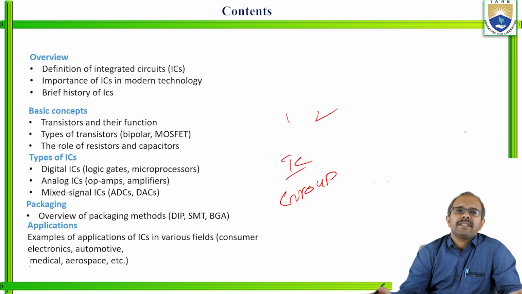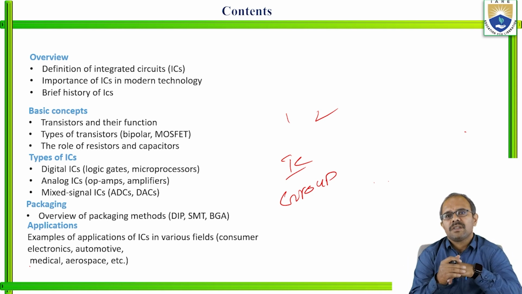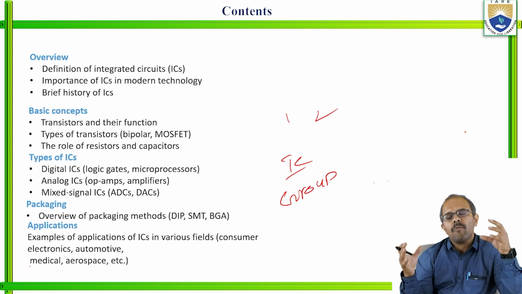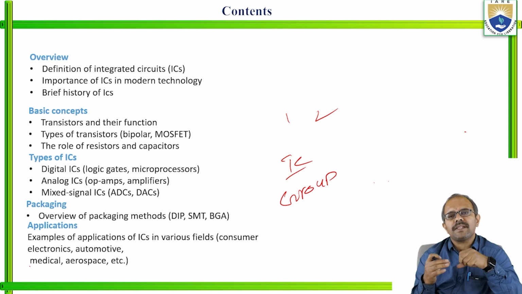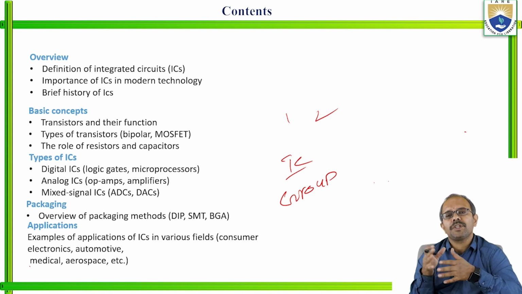So this is another interesting component. We need to find the applications. So no matter how complex a circuit we are going to design and how many thousands and millions of transistors are incorporated on a single platform, what is required? How we are going to use it? Where is this particular IC useful?